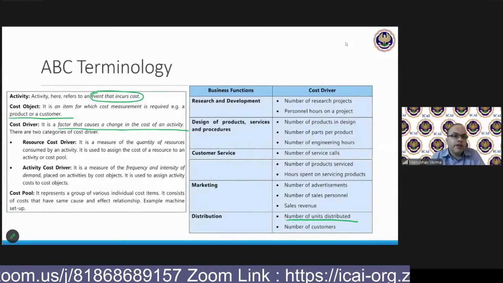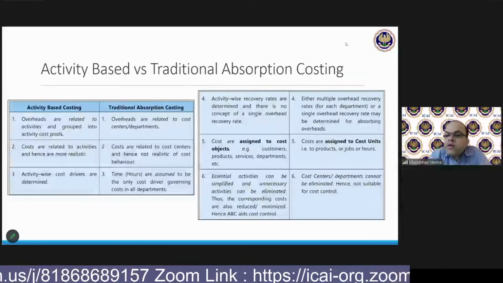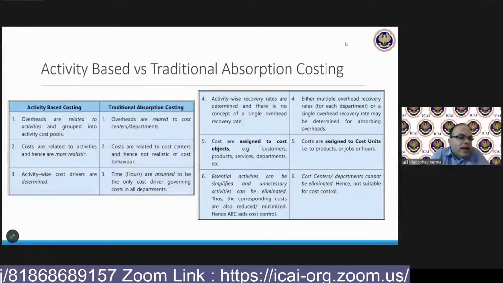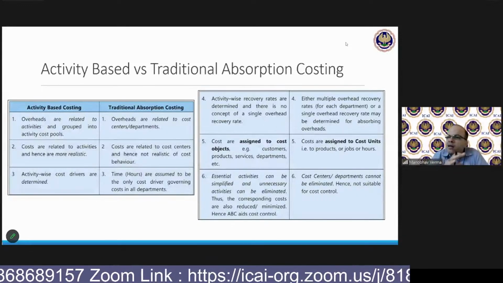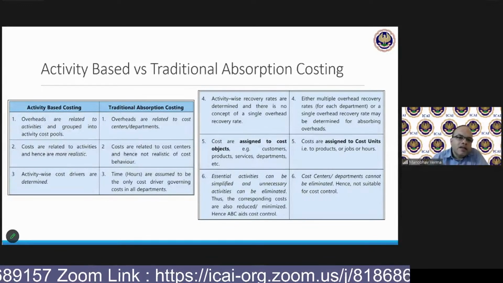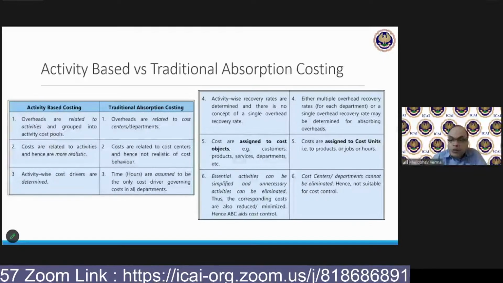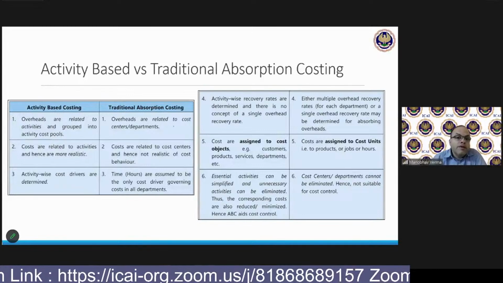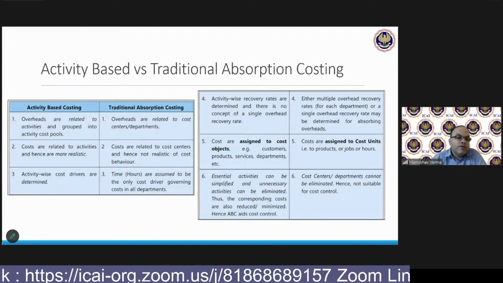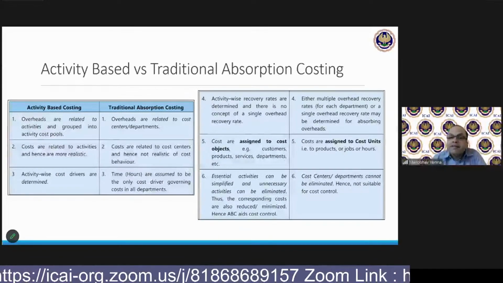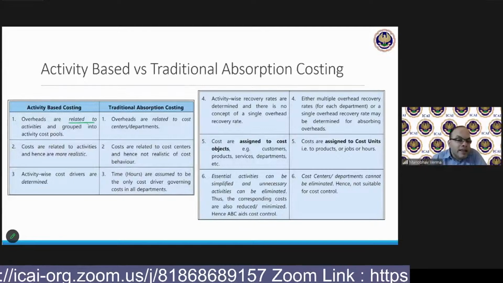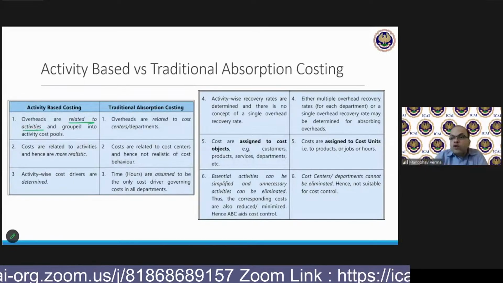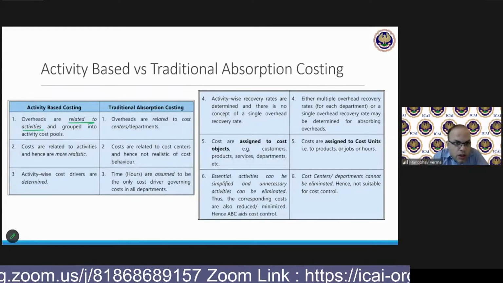So if I compare the two, activity-based and traditional costing system, we are looking at a basic high level understanding here. In the traditional absorption costing, the apportionment step we discussed in the last class, we were directly relating costs to the various departments, whereas under activity based costing, we are relating them to activities and then grouping them under those cost pools.